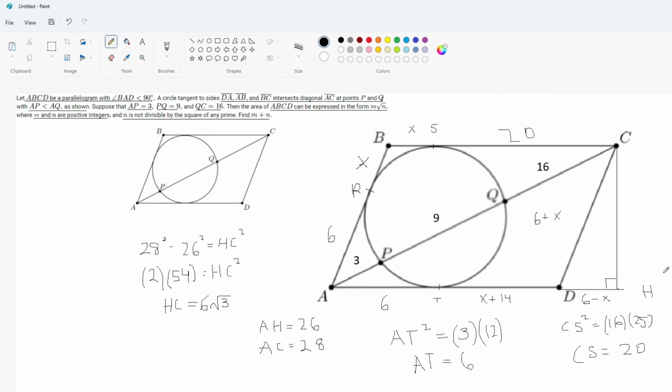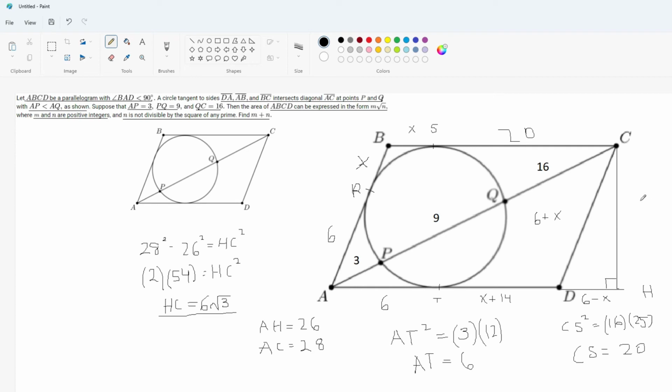And just like that, we got the length of HC. So now all that's left to do is solve for x, so we get the official base, and then multiply that. And then we're going to get our area. So this HC we should underline, because this is important information. Now, to solve for x, notice that we didn't only create right triangle HCA, but we also created another right triangle, DHC.